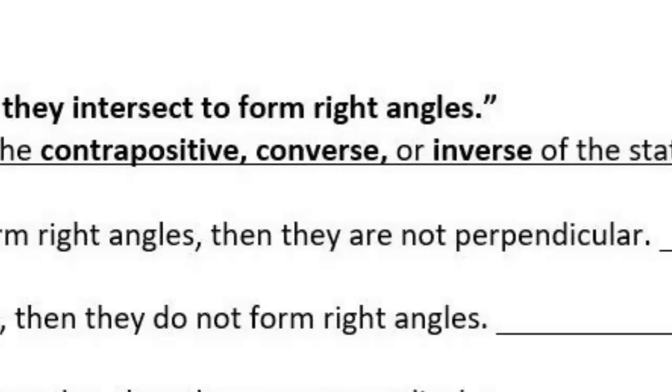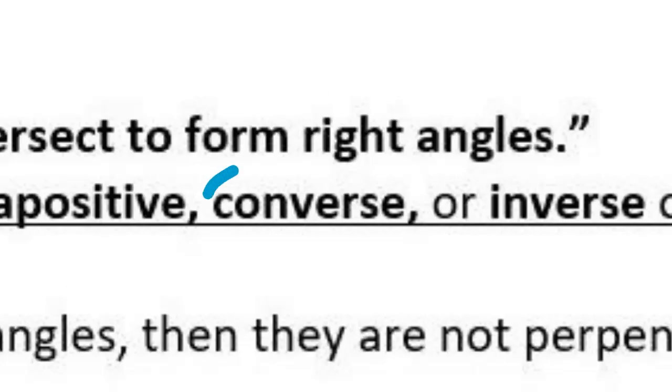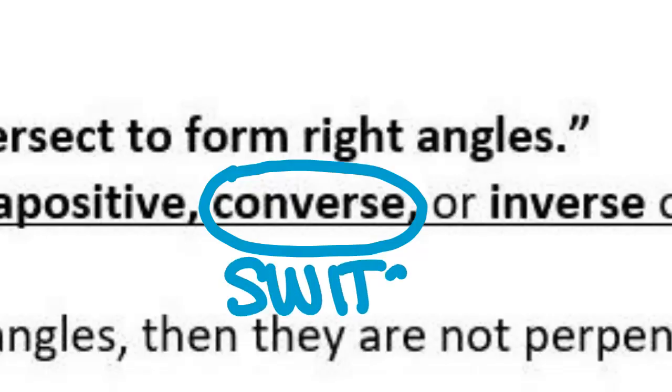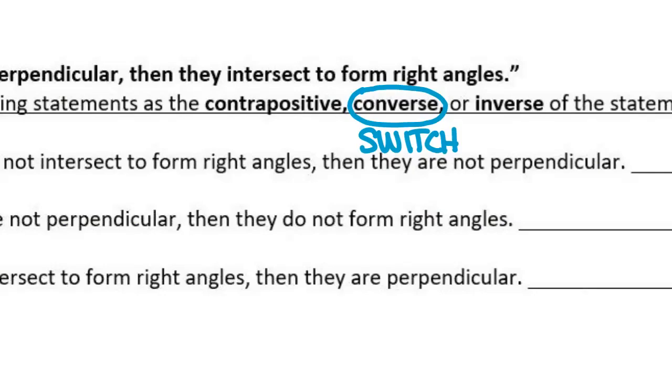I want to go back and remember how we make the contrapositive, the converse, and the inverse. Let's start with the first one that we learned about, the converse. How do I take a statement and make it the converse? What was the word that I used? Switch. Here's the way I would approach a problem like this.